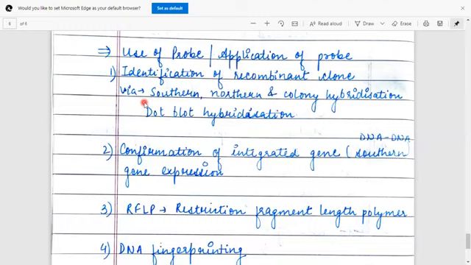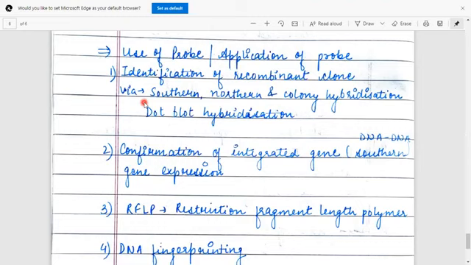There are various ways, such as Southern, Northern, colony hybridization, dot blot hybridization, etc. Say for example, we have a gene from one source, cloned in a certain vector and then transformed, and based on the efficiency of transformation, we get a number of clones of that gene.